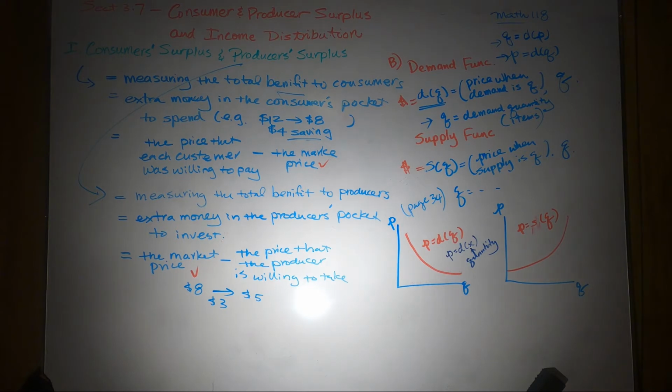Okay? Then sometimes we write it this way, P equals what? S of X. X is quantity. Sometimes we use this. Okay? So usually more supply will be provided when the price is high.